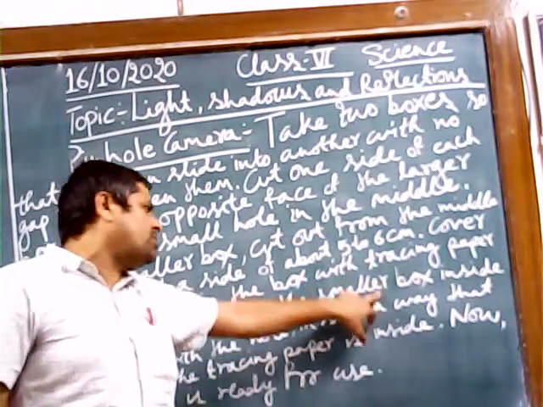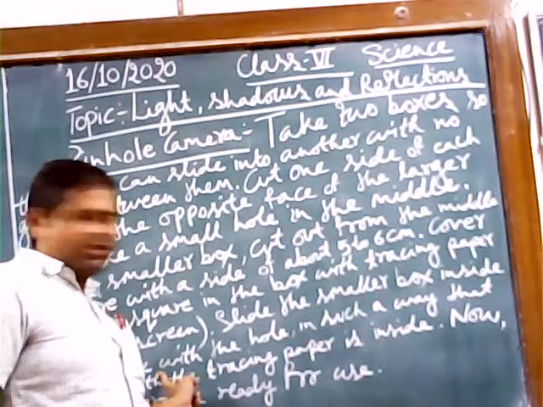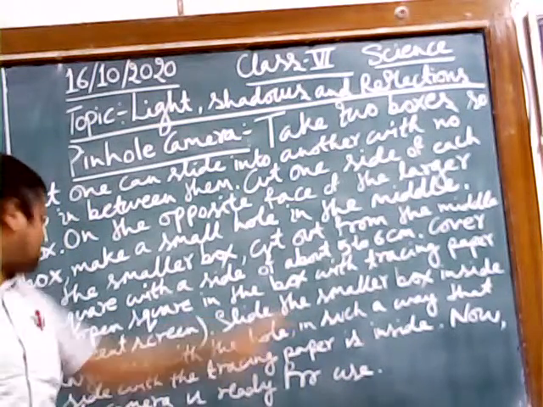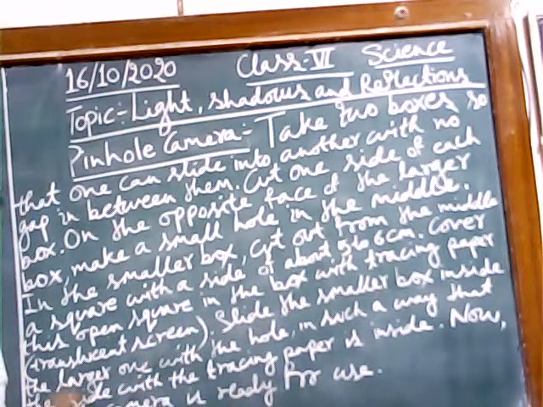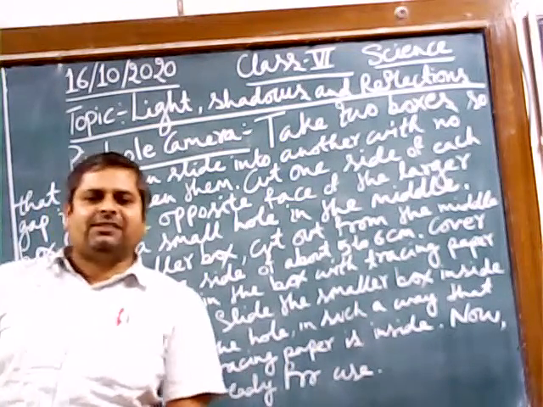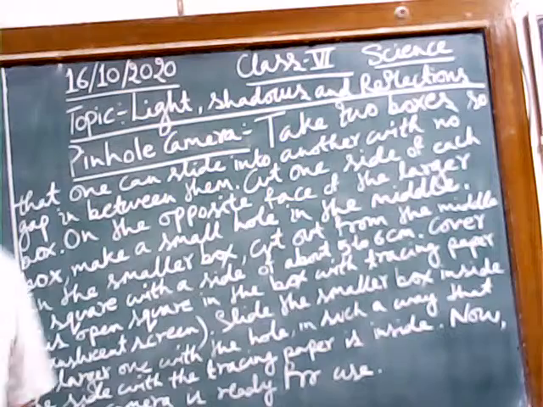Slide the smaller box inside the larger one with the hole in such a way that the side with the tracing paper is inside. Now your pinhole camera is ready.